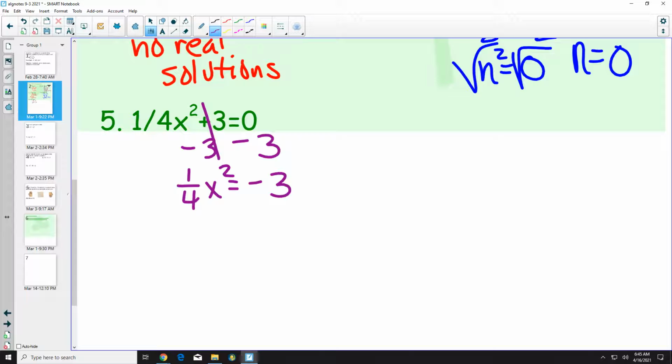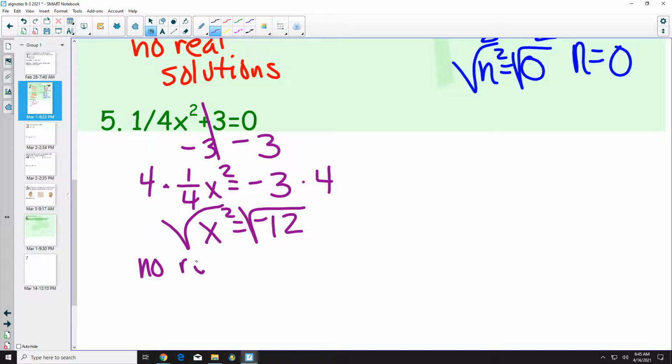Then we need to get rid of the 1/4 by multiplying by the reciprocal, which is 4, to get x squared equals negative 12. Once we get x squared by itself on one side, we take the square root. The square root of negative 12. No such answer. So this is no real solutions.